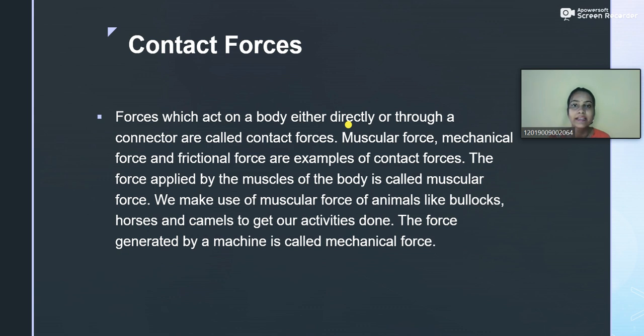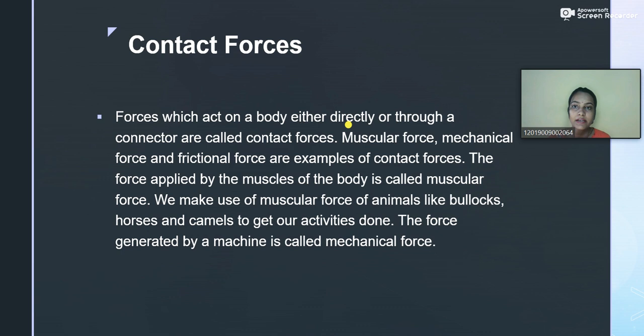So what are examples of contact forces? Muscular force. Muscular force is an example of contact force. So for example, we want to move a book onto the top of the table. What will we do? We will lift the book with our hands by using the muscles of our hands, and we will keep the book on the table. So this is muscular force.